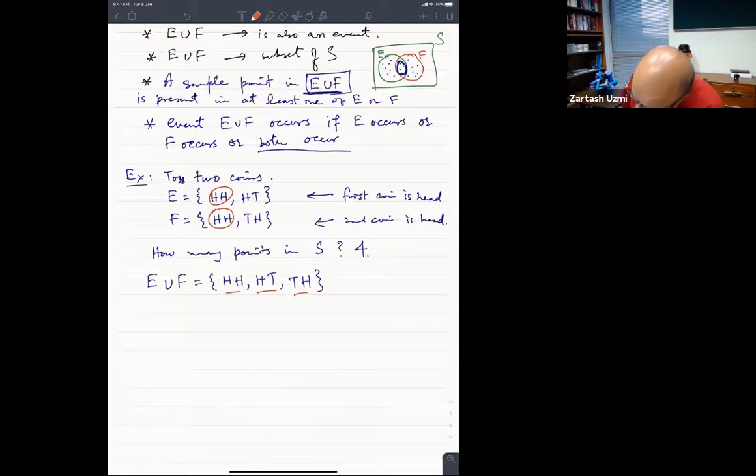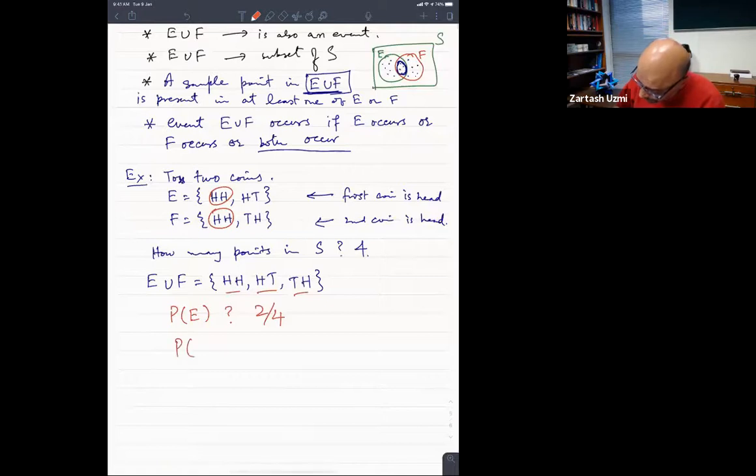ठीक है, so if I ask you, okay, what is the probability that E occurs? What is the probability of E? 2 out of 4. There are 2 sample points in E and 4 sample points total. Probability of F, also 2 by 4.